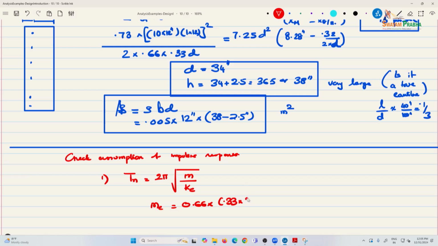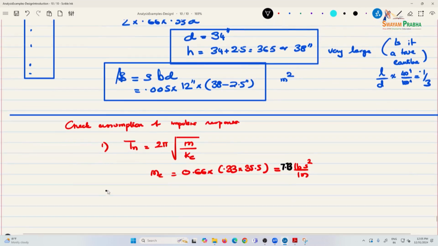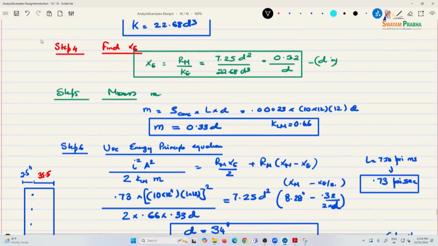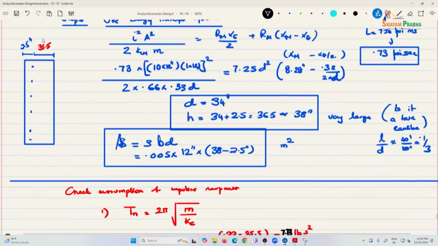multiplied by D is 35.5. So, how much do we get here? About 7 or 8? Always try to have an idea of where you should land. So, then, no, this is mass, sorry, then Ke was, what was it that we calculated? 22.68 D cubed.